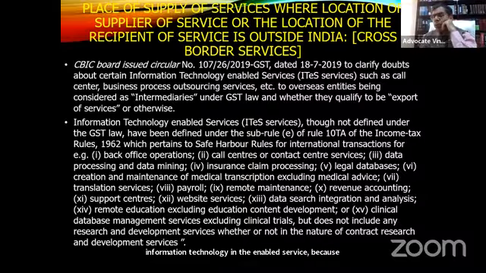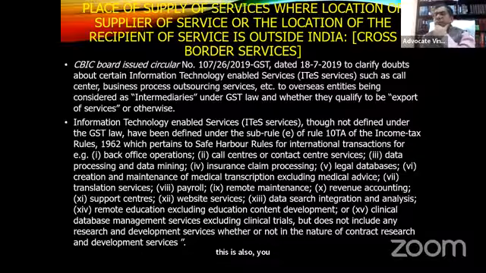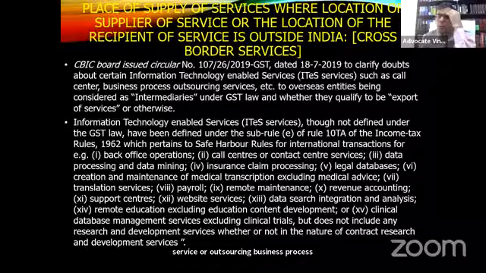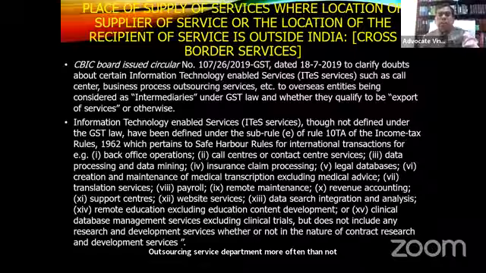Because I have experienced myself some of the litigation whereby an information technology service, for example, somebody doing call center service or business process outsourcing service, the department, more often than not, considers them to be an intermediary and seeks to levy GST on the services provided by such information technology enabled service providers. For example, BPO service provider or call center service provider.